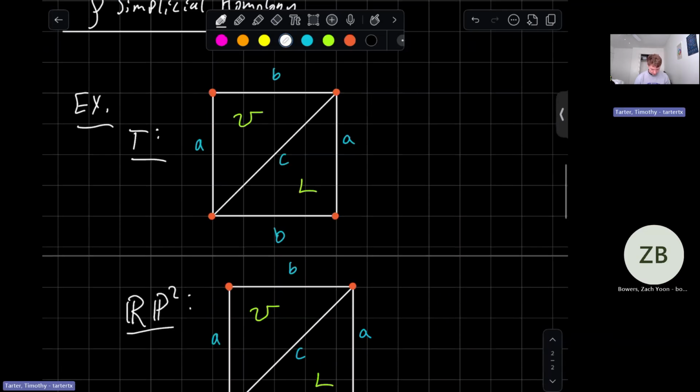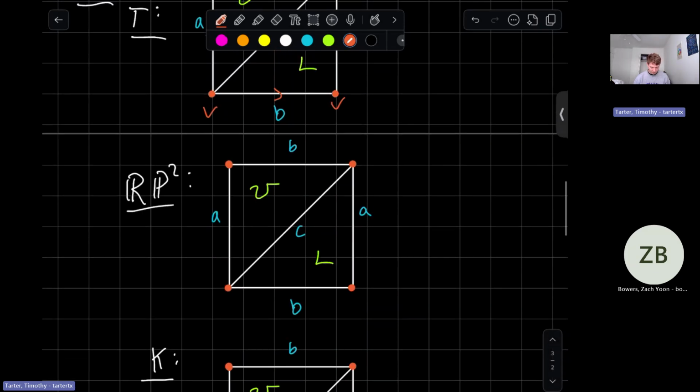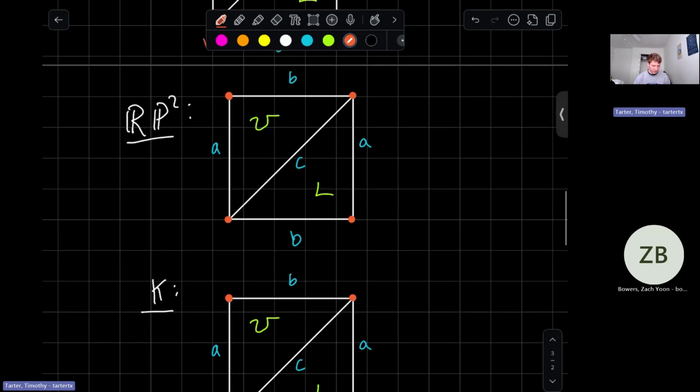Okay, and so now what we're going to do is set the orientation. This orientation is the easy one. This is something that we've seen in general topology, where we have V, V, V, V. Then here we need to spice it up a little bit.